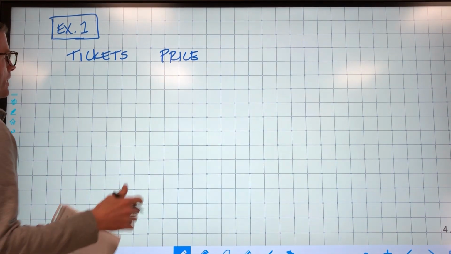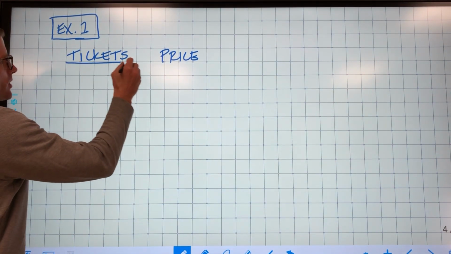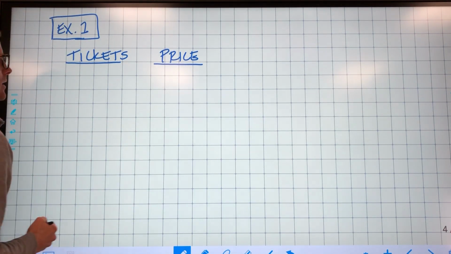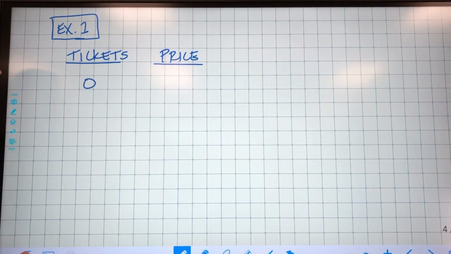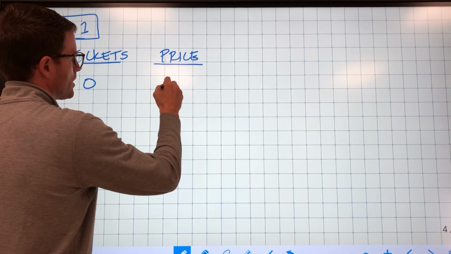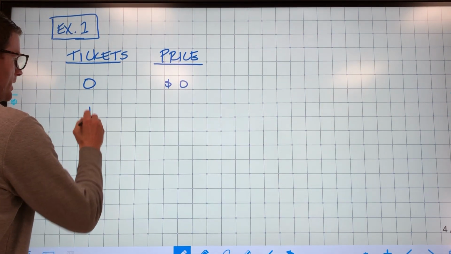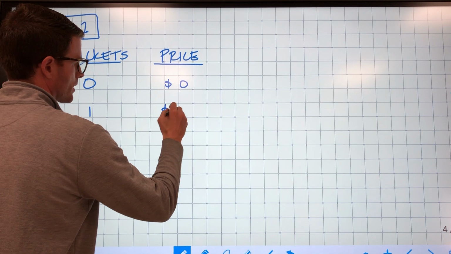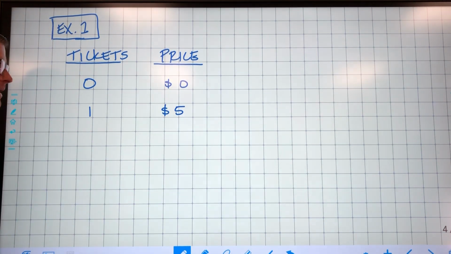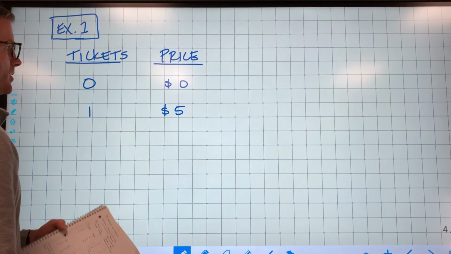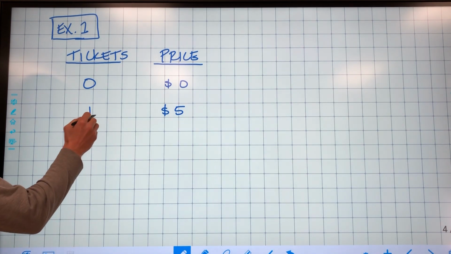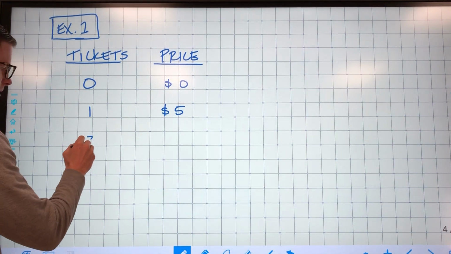So I'm going to make this input-output table. If I buy 0 tickets, it's going to cost me $0. If I buy 1 ticket, it's going to cost me $5. If these are Caps game tickets, these must be coronavirus prices or nosebleed section, right?